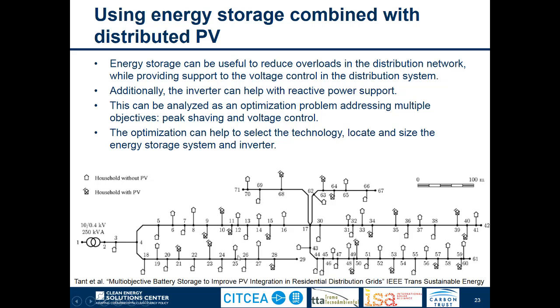Some of them are normal houses, which are loads, and others are houses which also include some distributed generation, some solar photovoltaics. The study discusses where we should install energy storage in order to have a good integration of the system, to reduce the peak, and also to have an acceptable voltage level in the overall network.